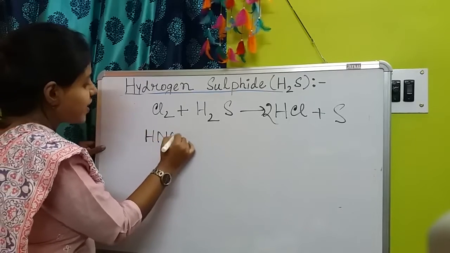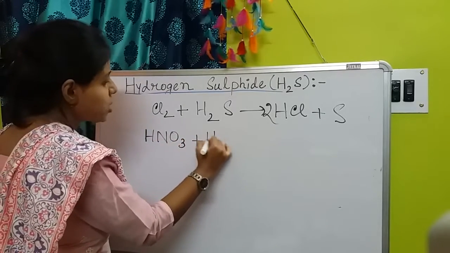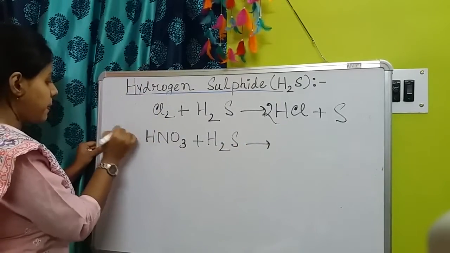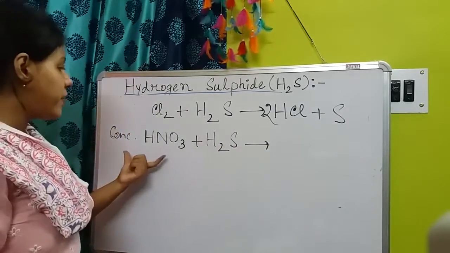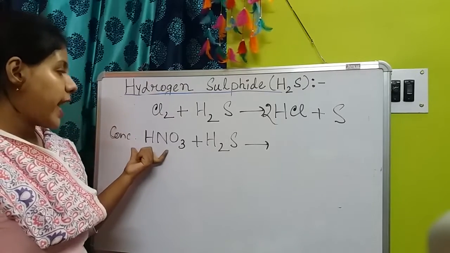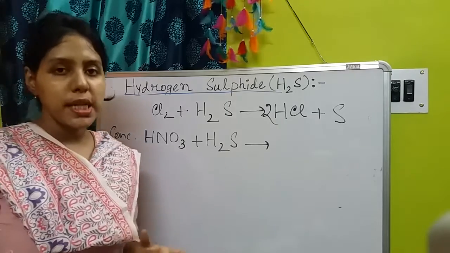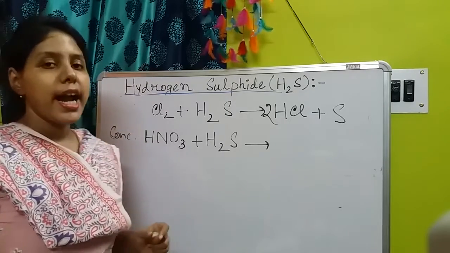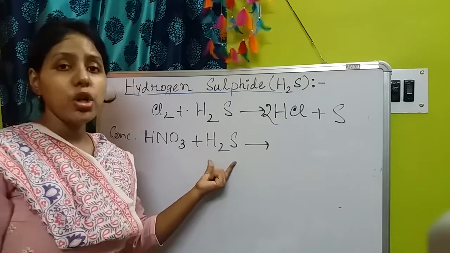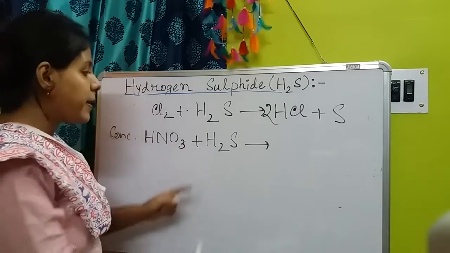the reaction of nitric acid with H2S, concentrated nitric acid. Whenever we are taking concentrated nitric acid here, as we know, any type of mineral acid, whenever it is concentrated, is a very good oxidizing agent and H2S is a very good reducing agent. So what will happen?